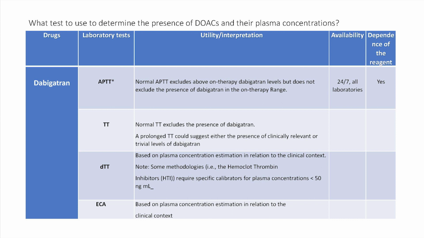A normal APTT excludes above-therapeutic levels of dabigatran, but doesn't exclude the presence of dabigatran in the therapeutic range. Thrombin time, TT, is normal in the presence of dabigatran.